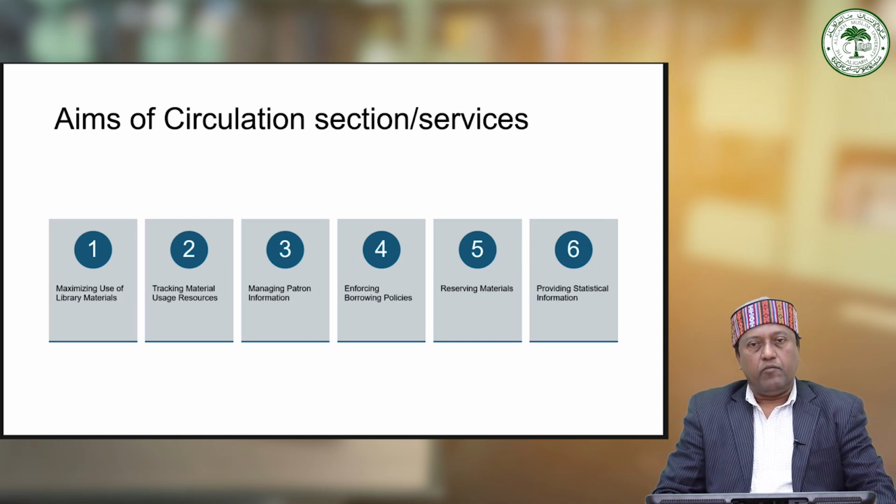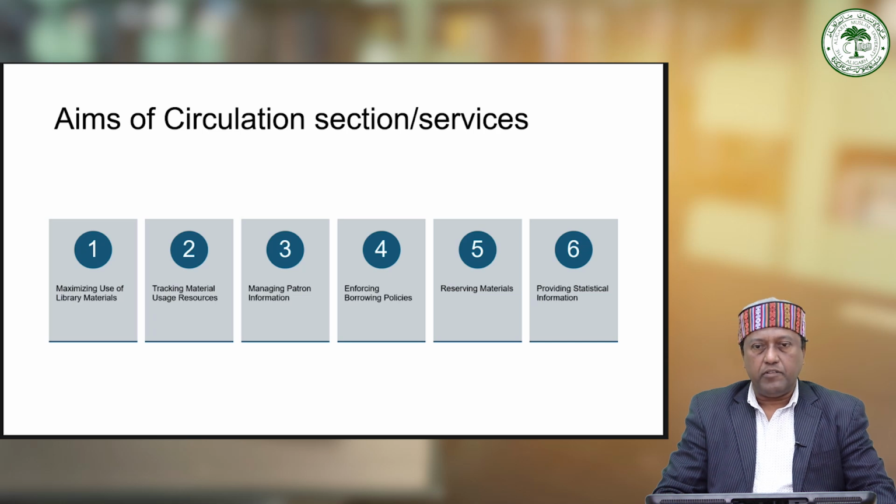Then one more important aim is providing statistical information. This section, as I told you, monitors the activity of the complete library, because ultimately how much is being used, who are the active users, who are passive users, which documents are actively used, which documents are passively used, all this record can be accessed through the statistics maintained by the circulation section.